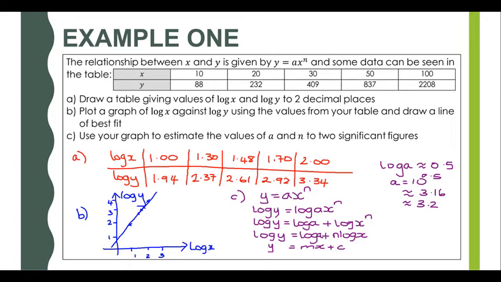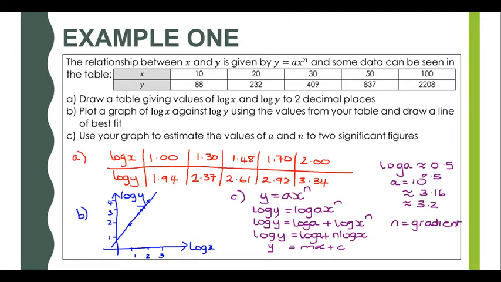We can do the same for n. So looking again at our log equation and comparing it to y equals mx plus c, we can see that n is our gradient.